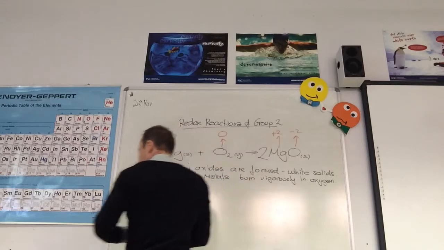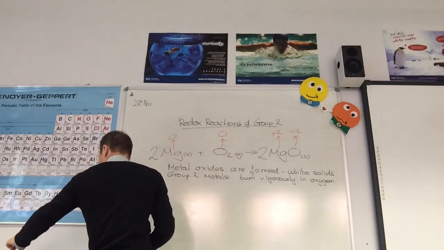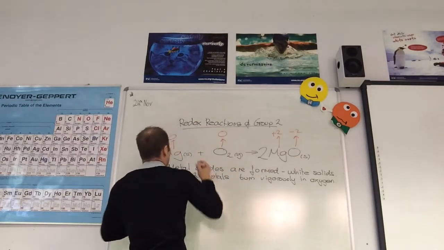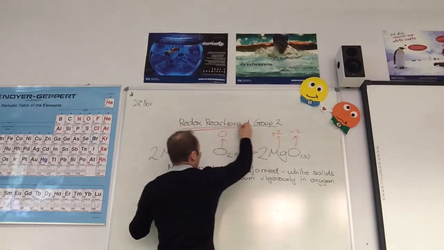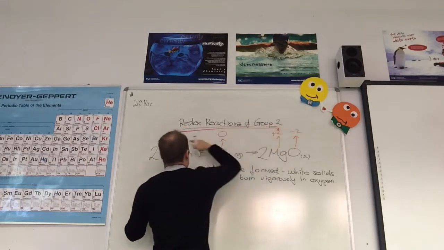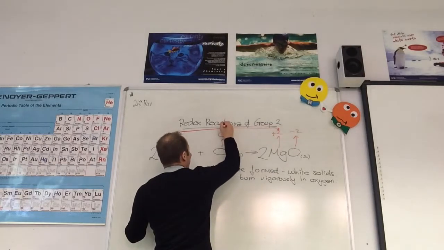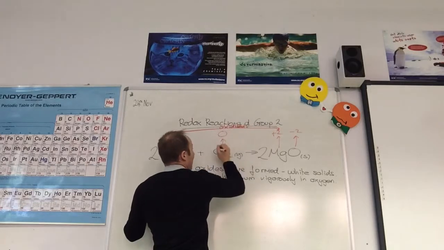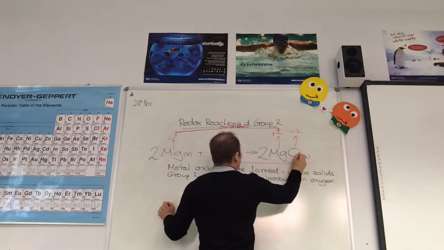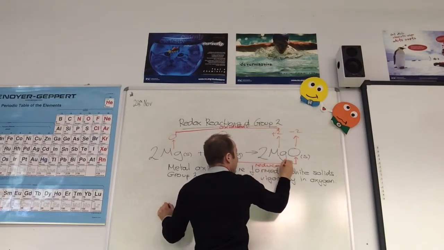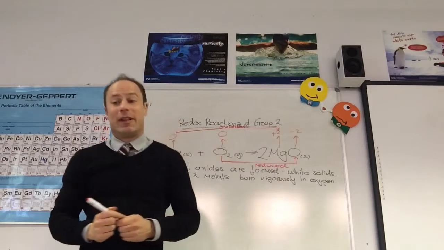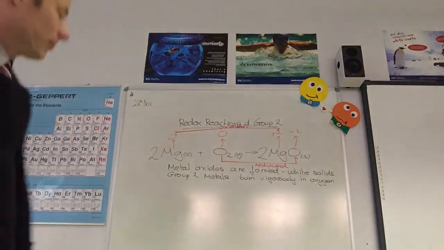So let's just make sure, have I told you the truth? Magnesium therefore has gone from 0 to +2, so it has been oxidized. And oxygen has gone from 0 to -2, so it has been reduced. So we do have a redox reaction. Which is good, that's a relief.